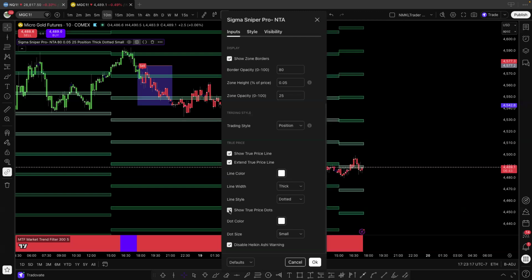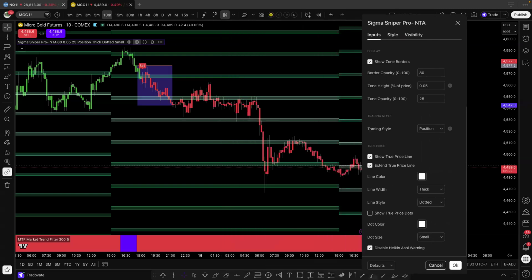You can see with these candles, since these are regular candles, that they're at the open and close of the candles. And then you can change the color of the dots there. And like I said, if you're not using Heikin-Ashis, you want to turn off and disable this Heikin-Ashi warning label. Because if you don't, it's going to look like this on your chart. It's going to give you this big red alert. So I turn that off. And that's pretty much what I do with settings.